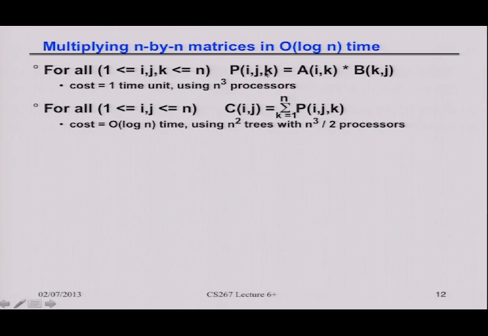And then I have to sum all these, for k equals 1 to n, in order to get the sum. And so I do that with n-squared trees, each one of which has n vertices in it, and I can compute all those sums. So that's sort of an obvious thing to do. If I had enough processors, I could multiply n by n matrices in log n time. But what I want to do is invert n by n matrices almost that fast. So this is going to be a building block.